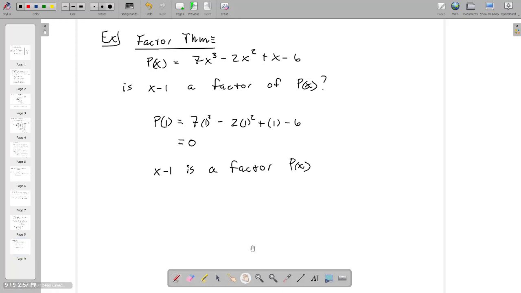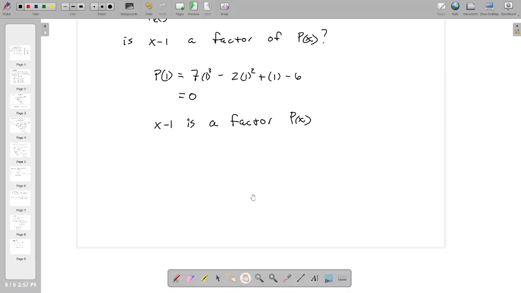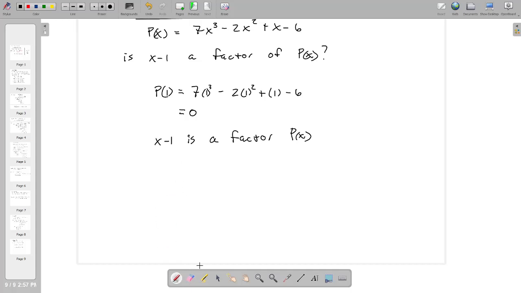Now I'm going to go ahead and give us a little bit more practice with synthetic division and try to figure out how p of x factors when we have x minus 1 as a factor. So what I'm going to end up doing is p of x divided by x minus 1 so that I can show you what p of x looks like when it's factored using x minus 1 as a factor.